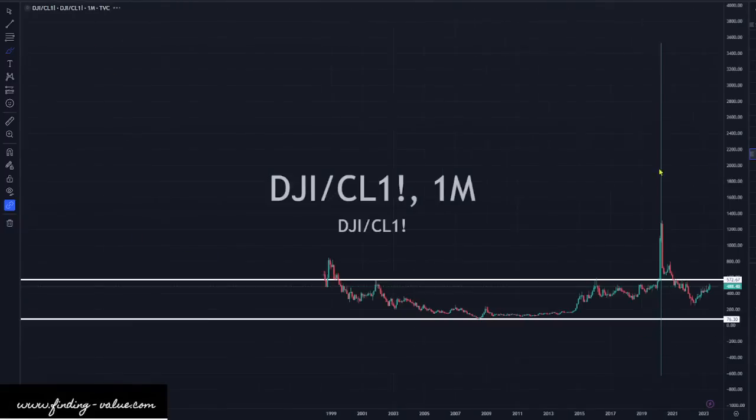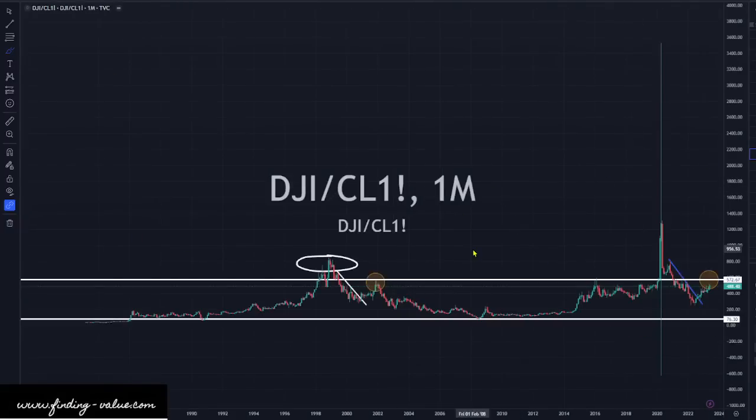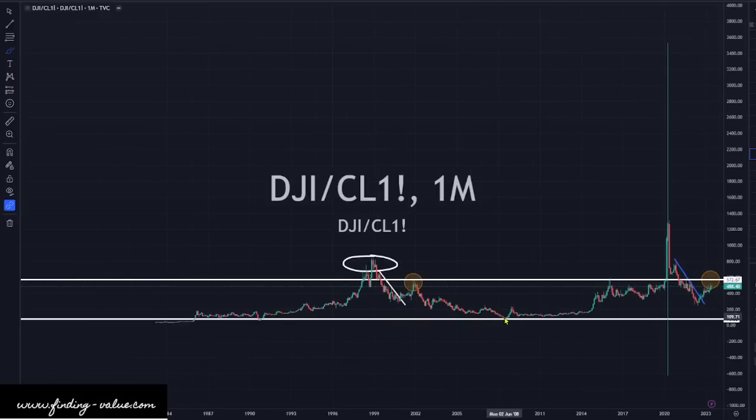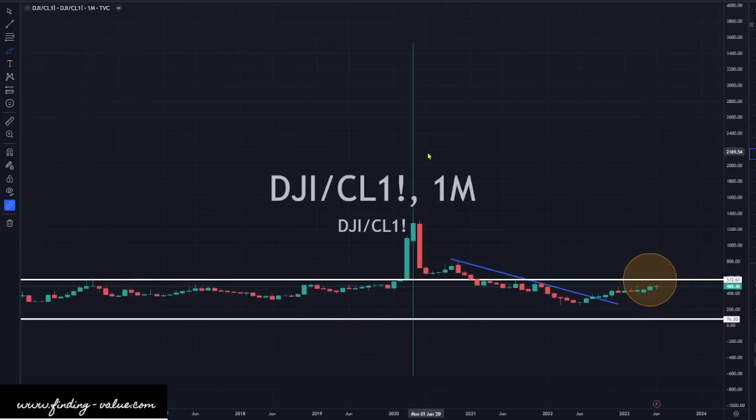Dow Jones versus crude oil, so I just flipped them around. You can see last bull market, we peaked, we came down, we had another peak here at the white line, and then we went on and compressed down, way down to a very low level where crude oil outperformed Dow Jones. It's a similar setup.